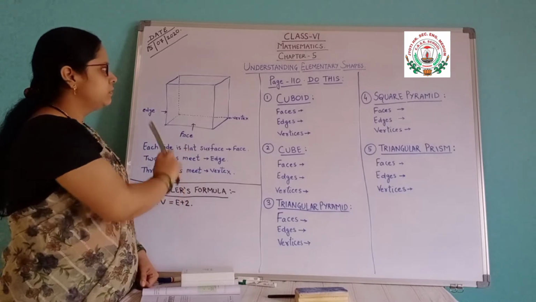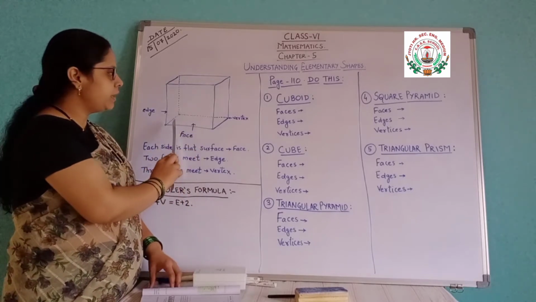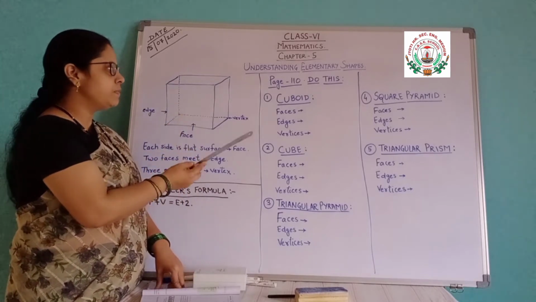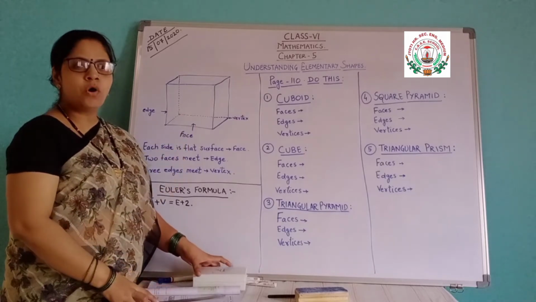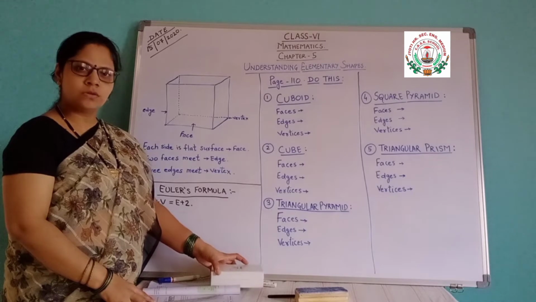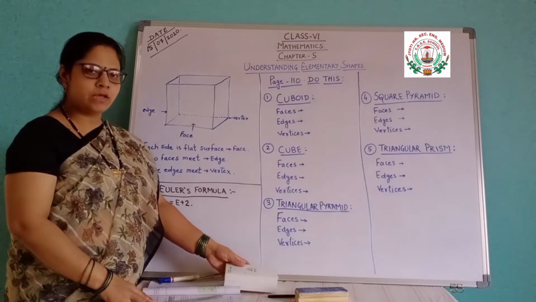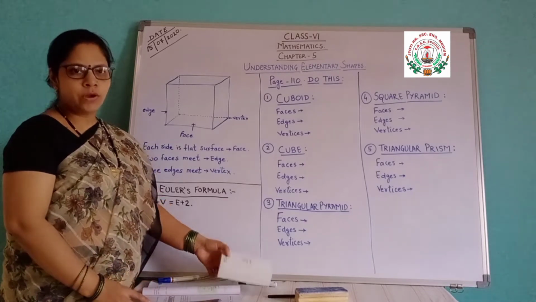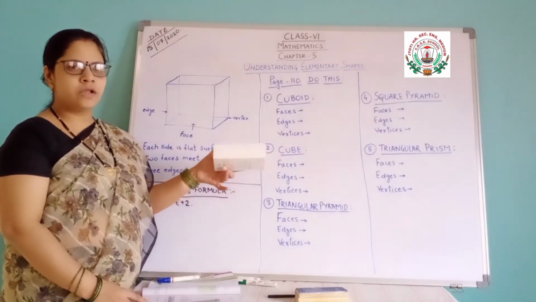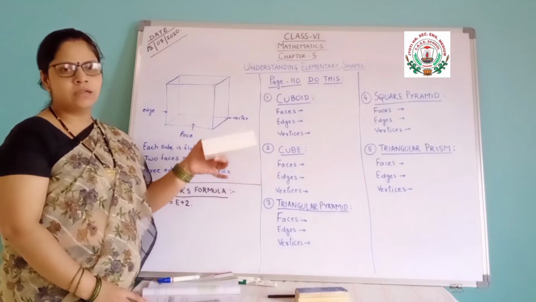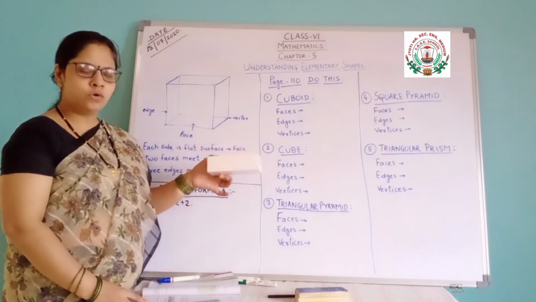So now this is made up of squares. In three-dimensional we are calling it a cube, and the three-dimensional box made up of rectangles is called a cuboid. In the previous class we have seen that. This is the live example which you can hold in your hand. A three-dimensional object made up of rectangles. This box is called a cuboid.